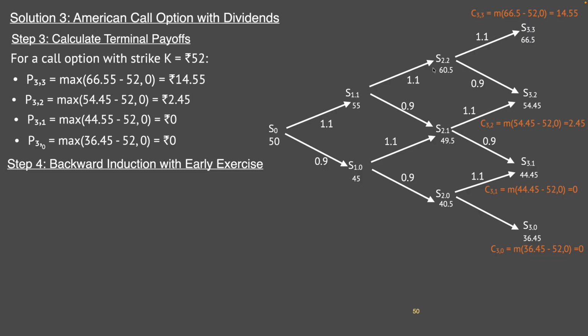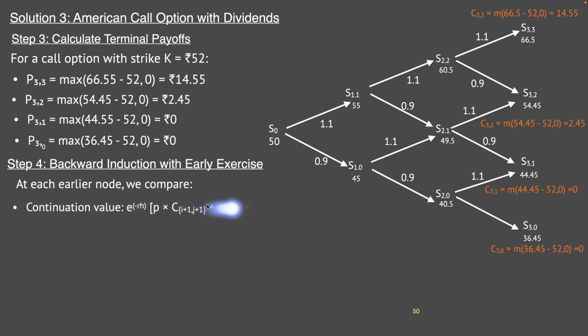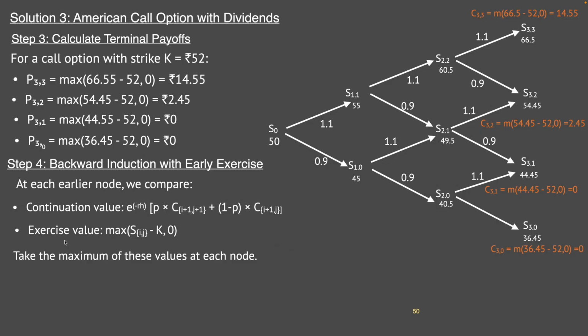Backward induction means we find the option values of the second stage nodes and then the first stage nodes. At each earlier node, we compare the continuation value and the exercise value, and we take the maximum of these two. If the continuation value is higher, we take that; if the exercise value is higher, we take that.